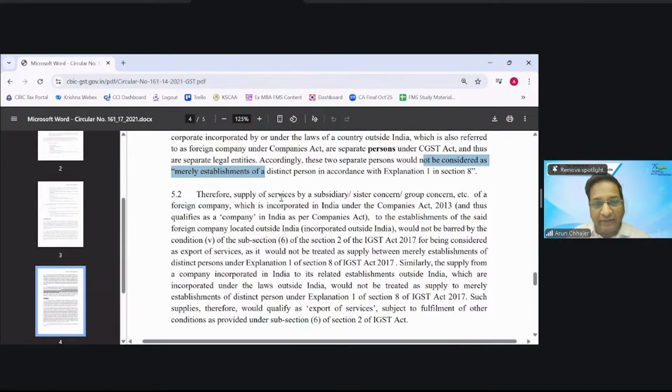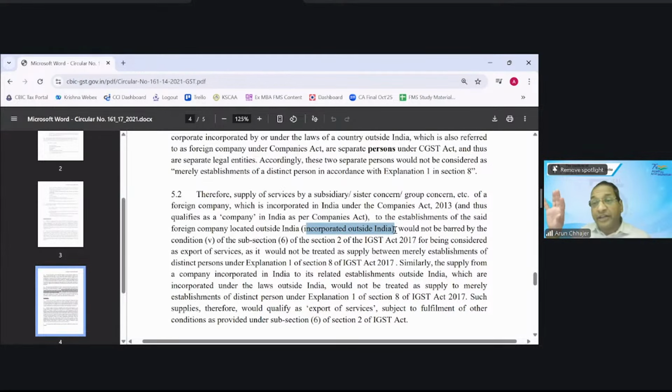They have concluded, therefore, supply of the service by the subsidiary company, sister concern or group concern of the foreign company which is incorporated in India under the Companies Act to the establishment of the said foreign company located outside India and that also incorporated outside India.